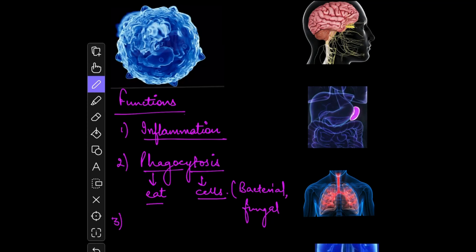Now the third function is that they are one of the master cells of the immune system, since they perform a variety of functions in different tissues and protect them.